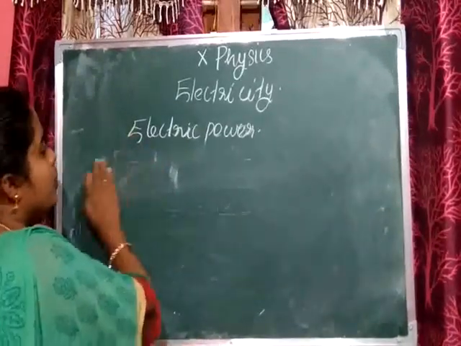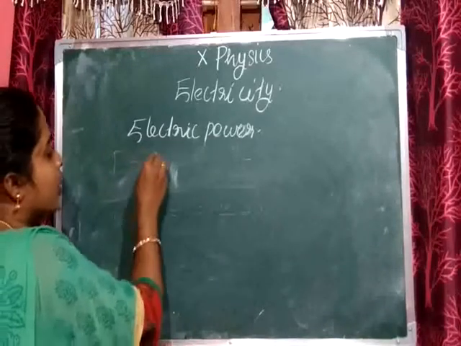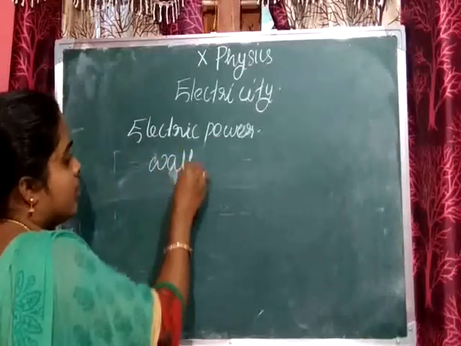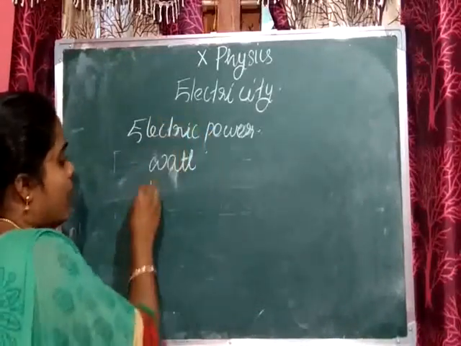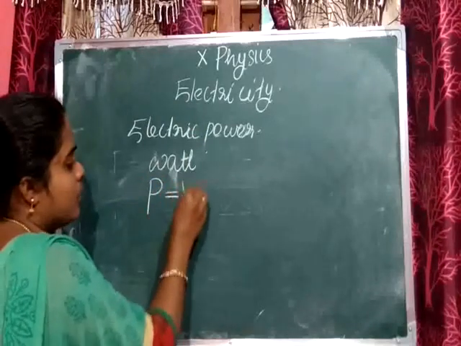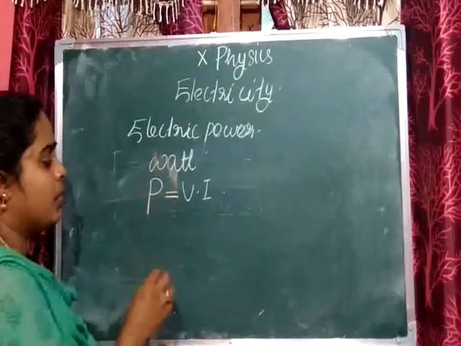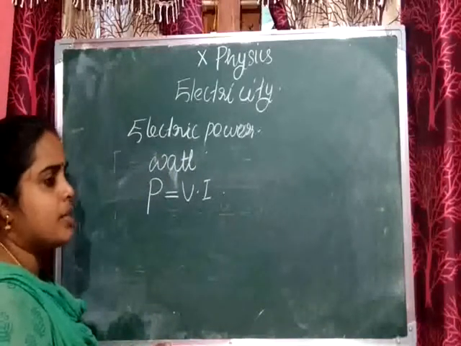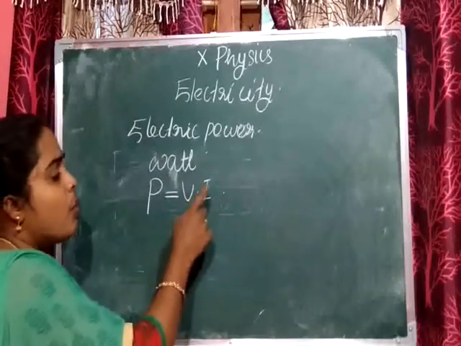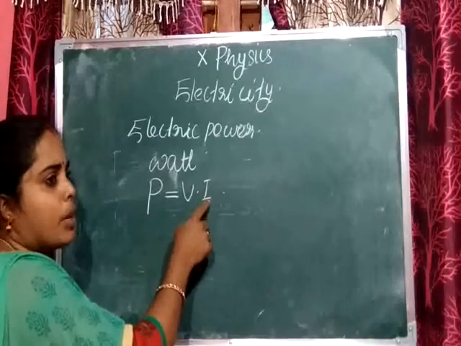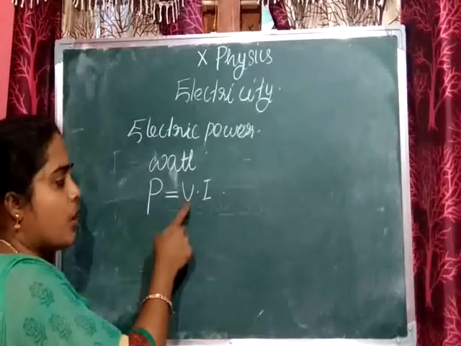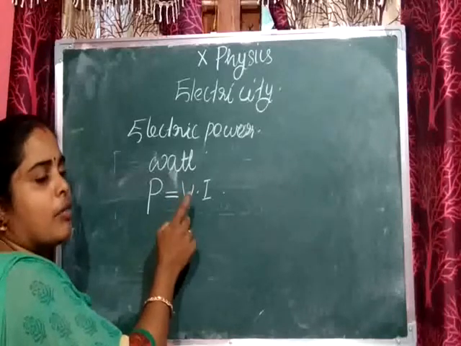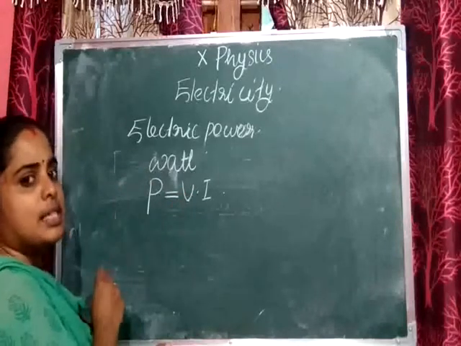We have the relation power P is equal to VI. So if a device carries a current of 1 ampere operated at a potential difference of 1 volt, then the power consumed by the device is 1 watt.